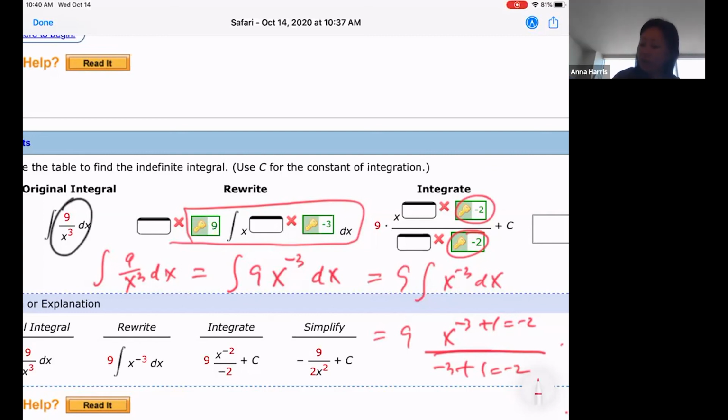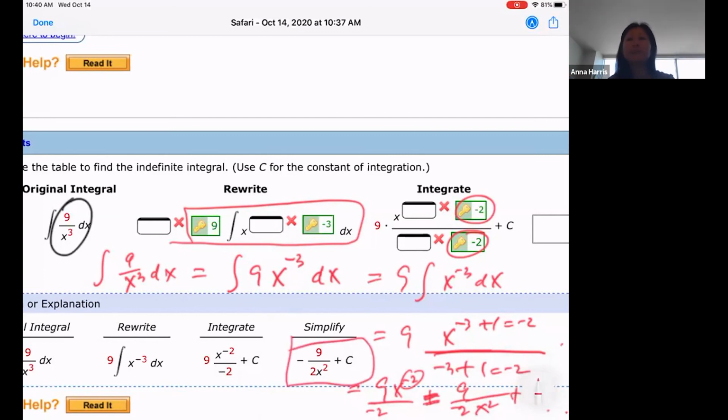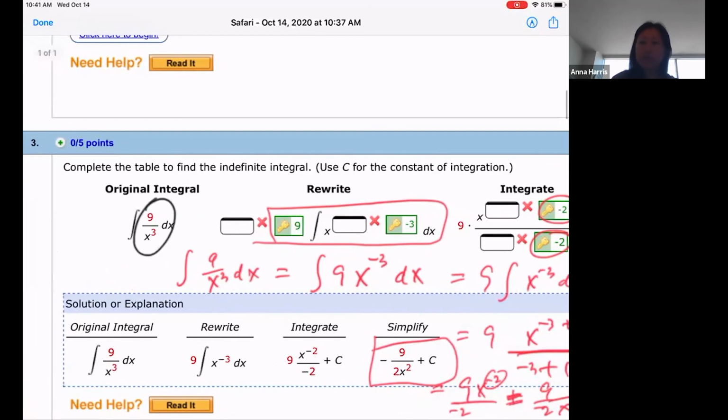So it becomes 9 x to the -2 divided by -2. Since it's a -2, you have to put it in the denominator to make it positive. So that's why this is the same as 9 over -2, x squared, plus c. That's why you have this when you simplify it. So does everybody see it?